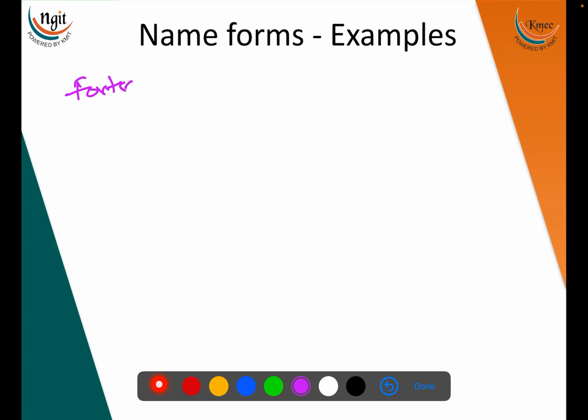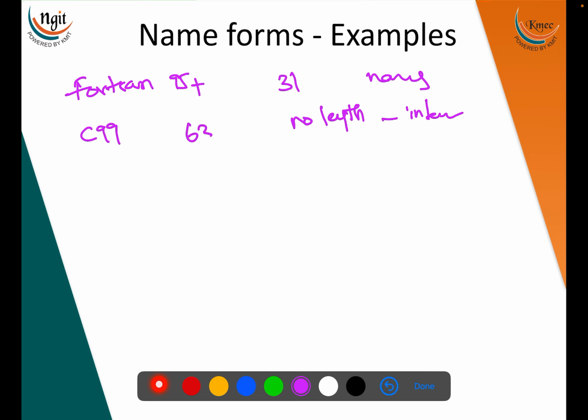Fortran 95 plus allows up to 31 characters in its names, and C99 has no length limitation on its internal names, but only 63 characters are significant, and external names in C99 are restricted to 31 characters.